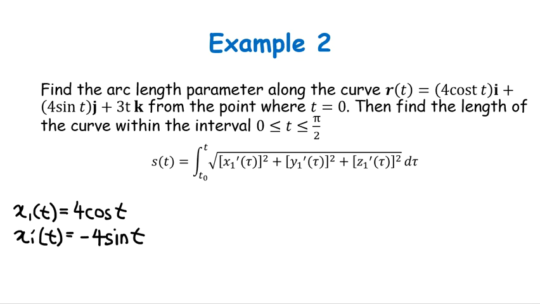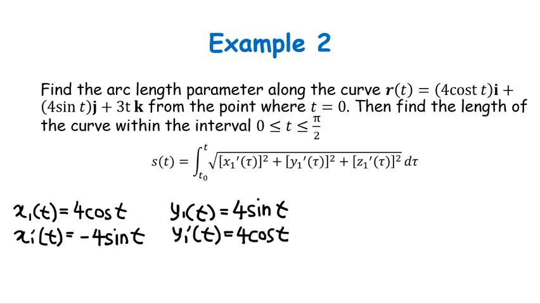Next, the second component y1 is given as 4 sin t. If we differentiate 4 sin t, we will get 4 cos t. And finally, we solve for the z component. z1 is given as 3t. If we differentiate 3t, we will get just the constant 3.